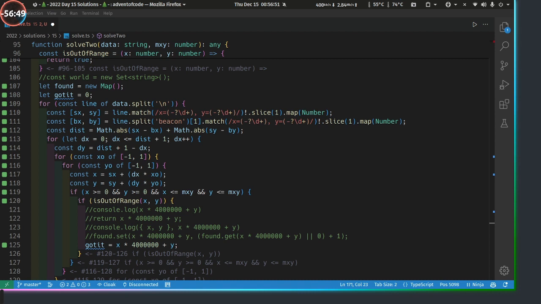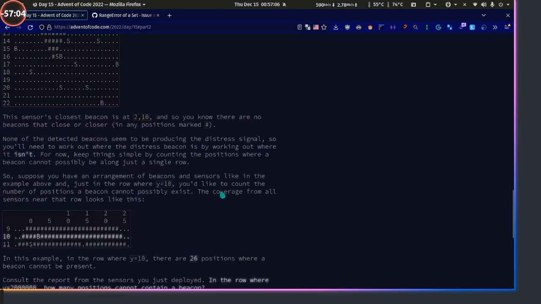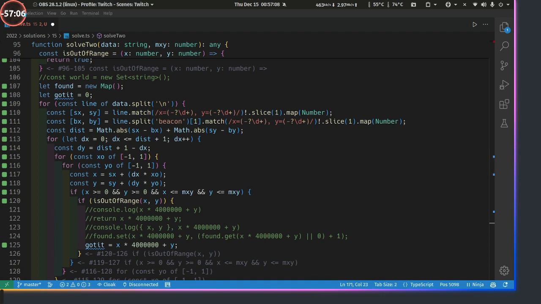Thought that was the optimized solution.